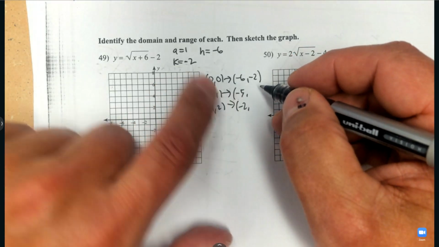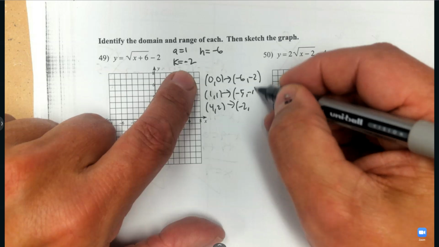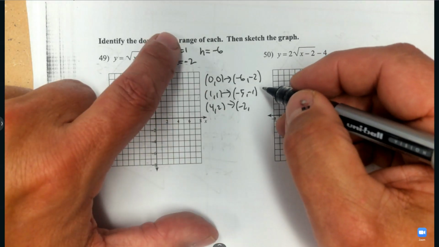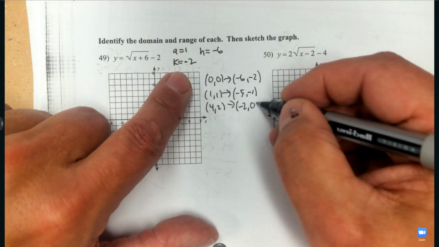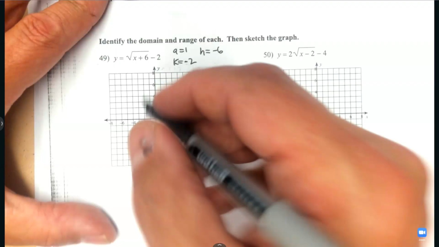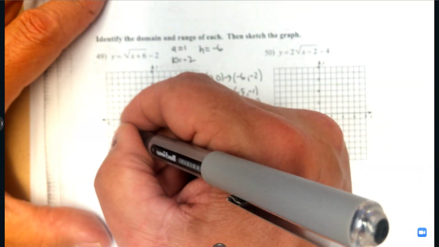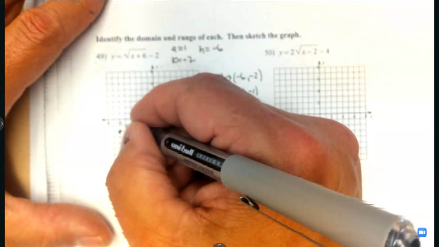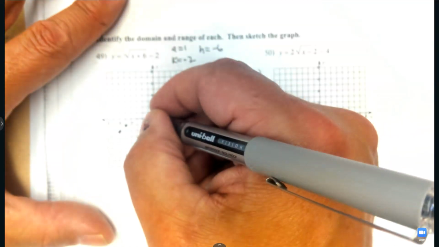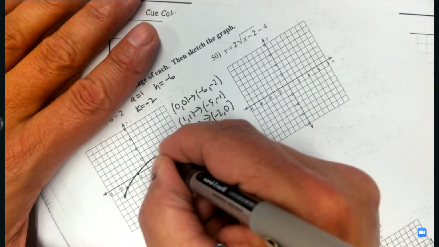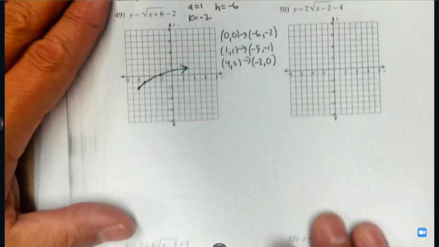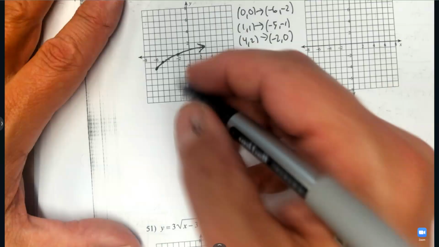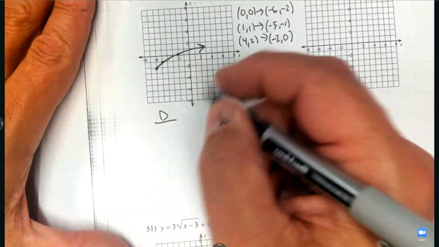So again, 1 times 1, take away 2. 2 times 1, take away 2. And then these points are going to go on my graph. So negative 6, negative 2, negative 5, negative 1, negative 2 and 0. And then draw my curve. What's the domain?